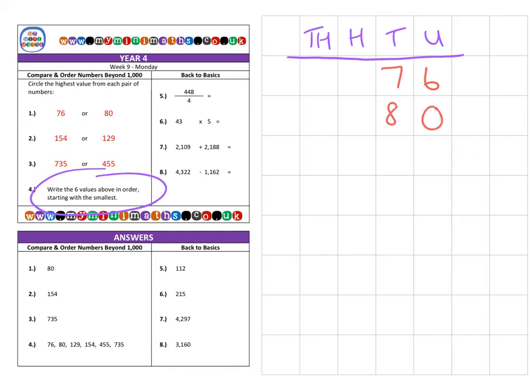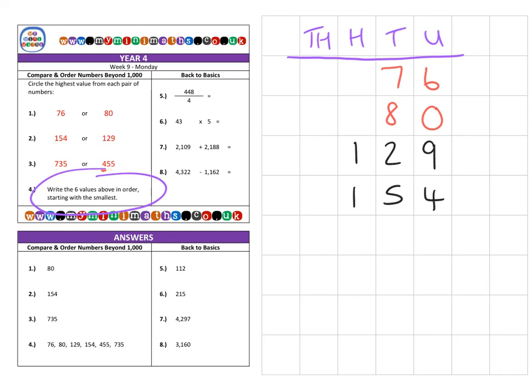Then we have 4 3-digit numbers in question 2 and 3. And we can clearly see that the 100 in question 2 is going to be smaller than the 700 and the 400. So again, then we're going to look at the tens, and we know that the 20 is smaller than the 50, so it's going to be 129 followed by 154.